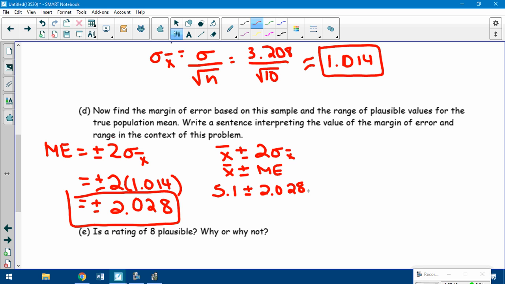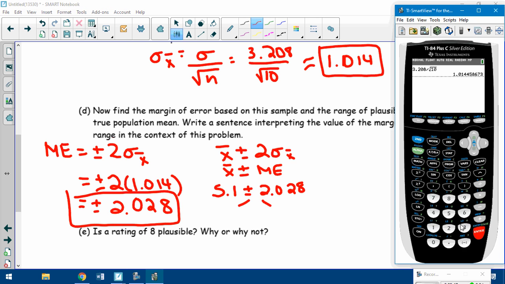And this will give me a range of plausible values. If I do 5.1 minus 2.028, I get that number. And if I do 5.1 plus 2.028, I get that number. So that means the true average rating of all students in this high school of their math classes is between 3.072 and 7.128.